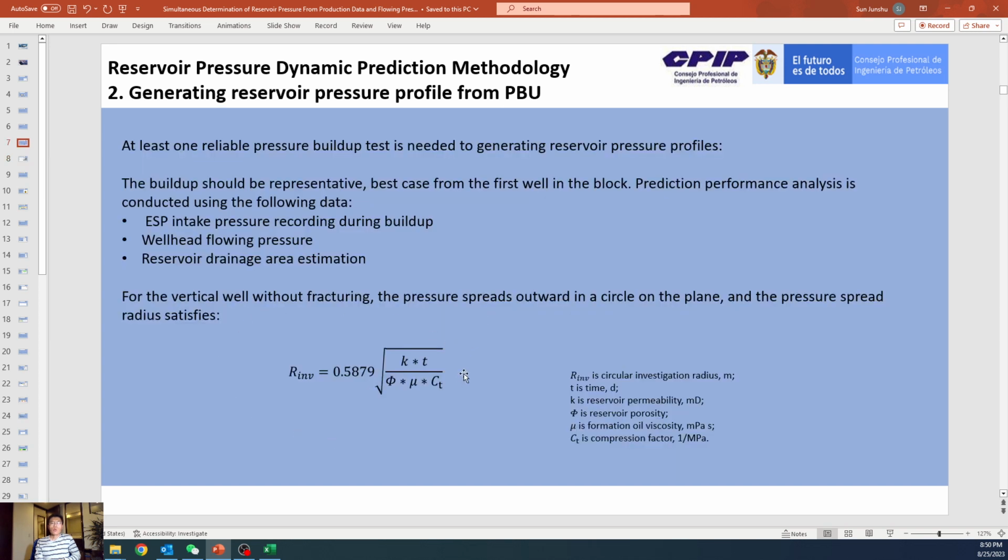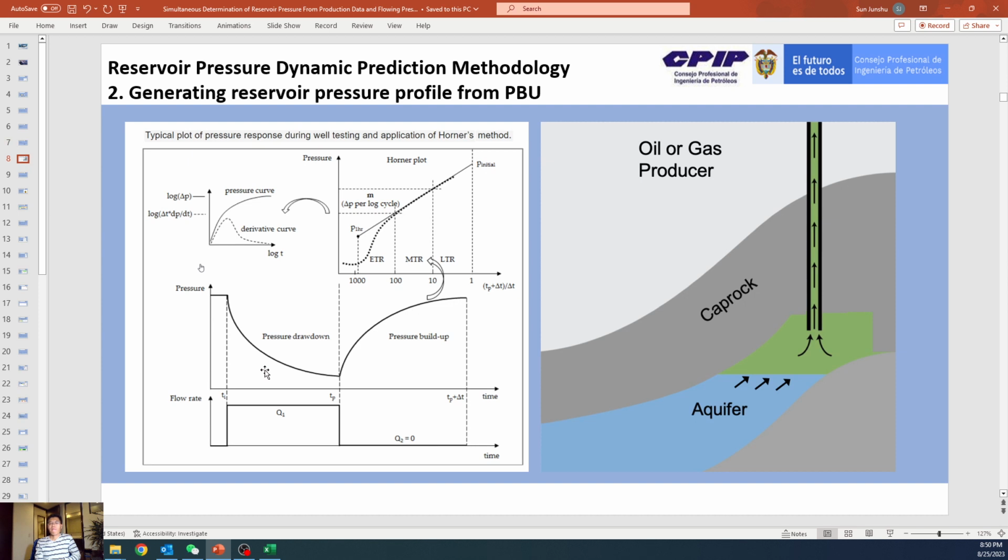Using this equation, we can convert times to the length near the well wall. Then we can generate a profile, pressure profile near the well wall until the aquifer.